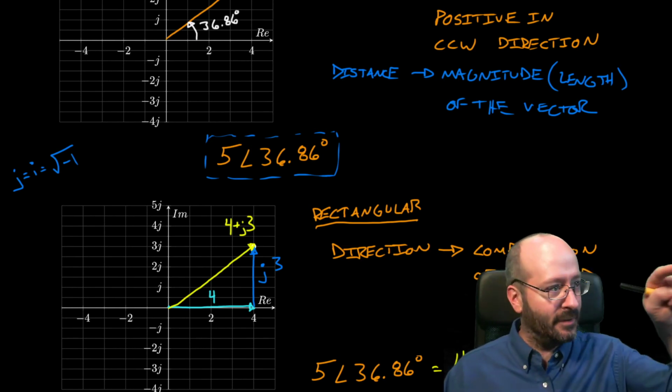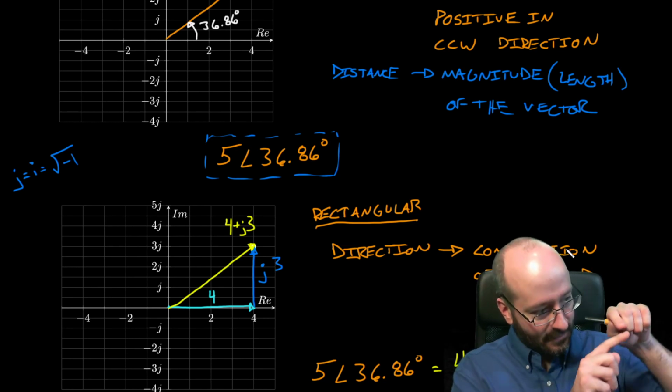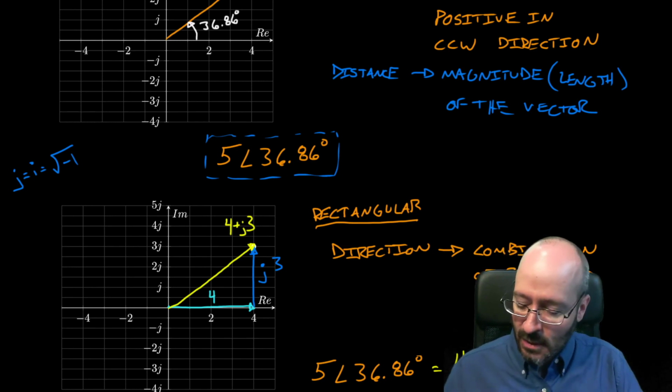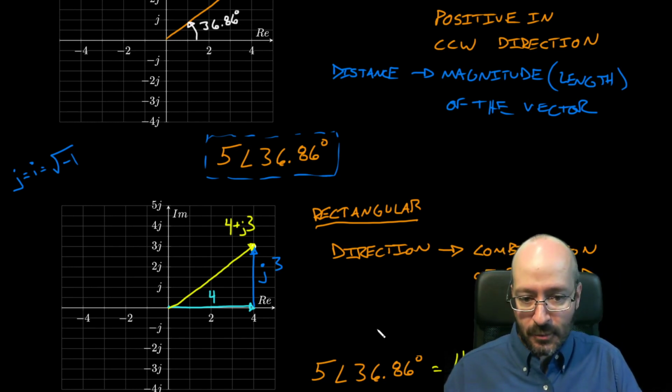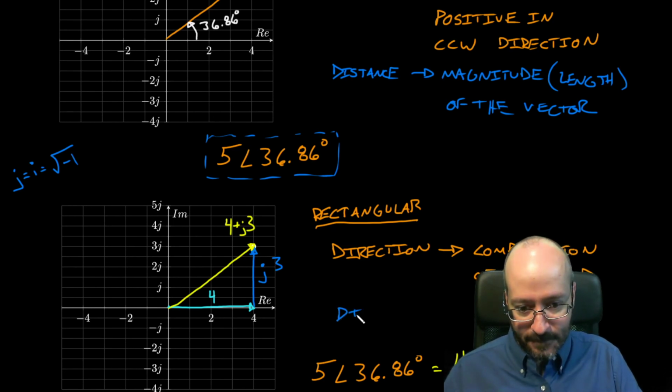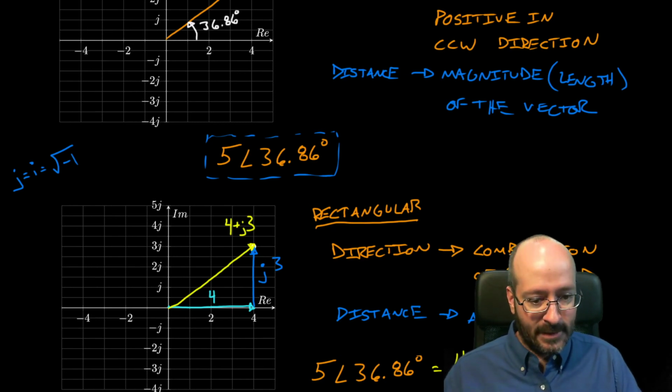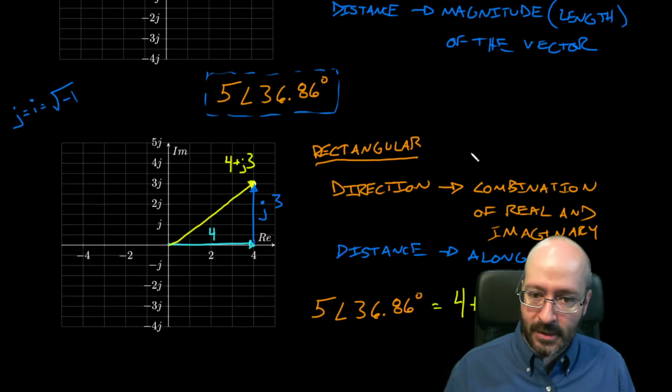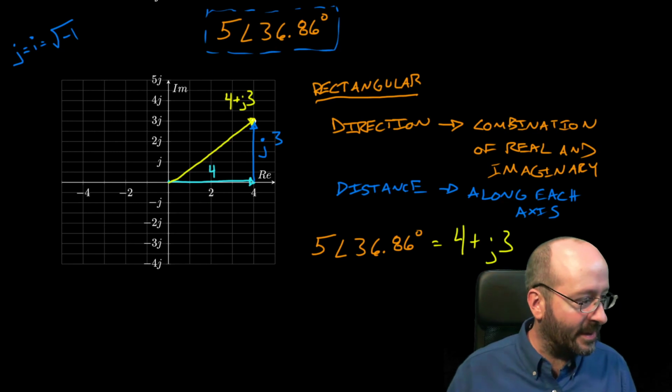You get the distance along here, you get the distance along there, and then you figure out where it is. So we get the direction that way, and we get the distance along each axis. It's broken up into two parts a little more explicitly. So that's another way that we can represent it.